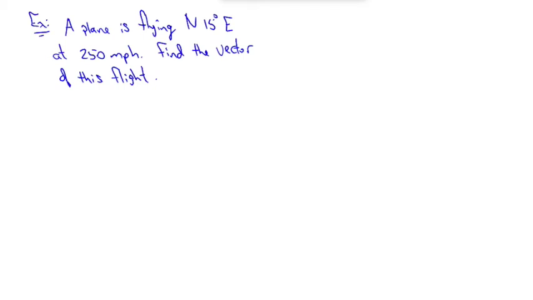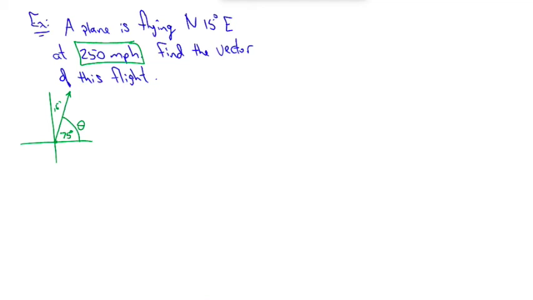Find the vector that goes with this flight. Now, it doesn't say how long it's flying. It doesn't say anything else. It's just direction and magnitude. So it's 75 degrees from the right. If this is north by east, this is 15 degrees, and there's 75 degrees. So theta is 75 degrees. What's the magnitude? 250. So this becomes the magnitude of the vector.